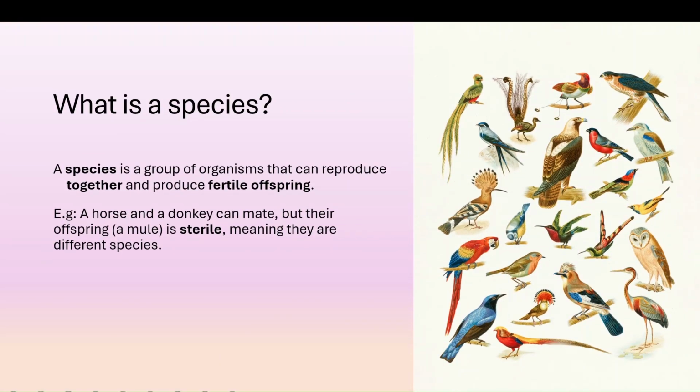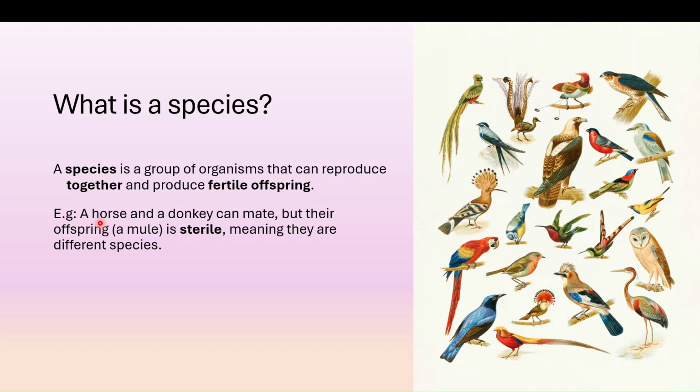So what is a species? Well, a species is a group of organisms that can reproduce together and produce fertile offspring. Now, the important word here is fertile. What does fertile mean? Well, fertile means that the offspring can grow up and have babies of their own. If the offspring cannot reproduce, it's called sterile.